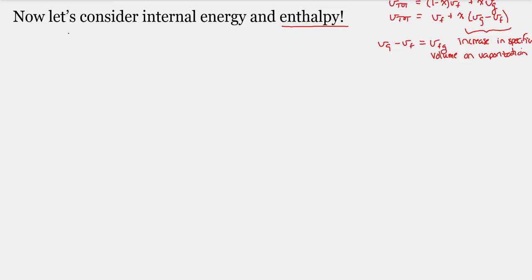Okay, so we'll remember the total internal energy is the uppercase U. So this is total internal energy. And the specific internal energy is the total energy divided by the mass, total mass in the system.